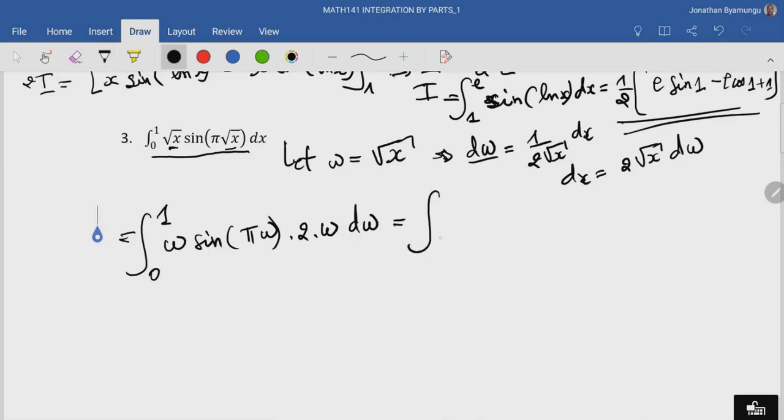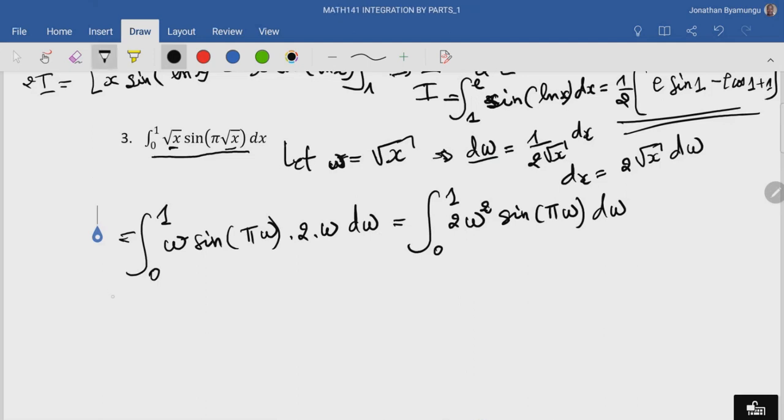and this is therefore equal to the integral from 0 to 1 of 2 w, this is a w, not omega, so the 2w squared multiplied by sine of pi w dw, right?